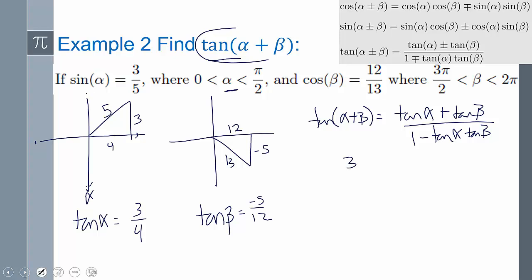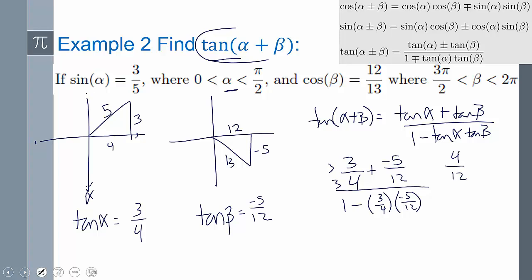Tangent alpha is 3 over 4 plus tangent beta, all over 1 minus tangent alpha, tangent beta. Find the common denominator. So that's 9 minus 5, so that's going to be 4 over 12. I'm going to leave that 12 because you're going to see why in a second. And then here, I'm going to have to multiply those, so that's going to be 48. So I'm just going to do the denominator here. 1 minus negative, and a negative is a positive, so plus 15 over 48.